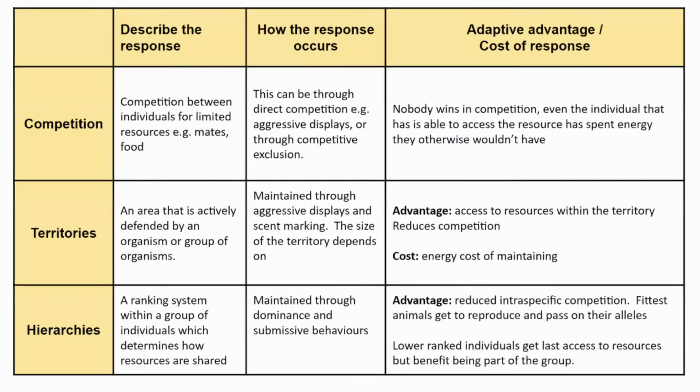So I know this is a lot of reading. You can pause the video and have a read through. But describe the response as, well, what is the intra-specific relationship? So we'll start with talking about intra-specific relationships. How does it occur? And what's the advantage or the cost of this response?